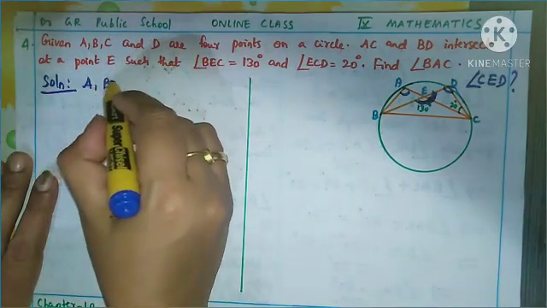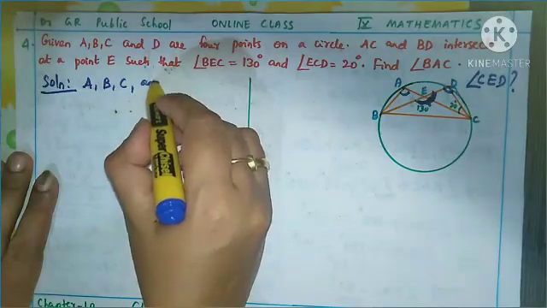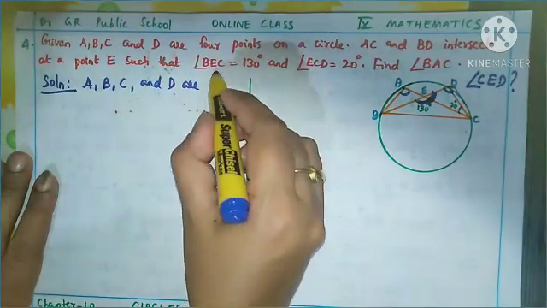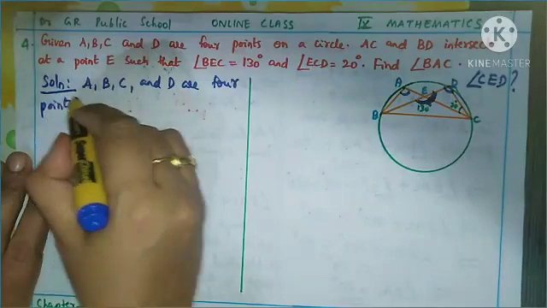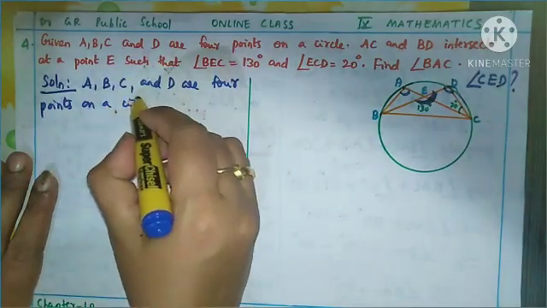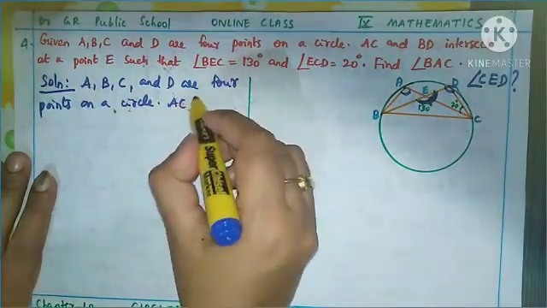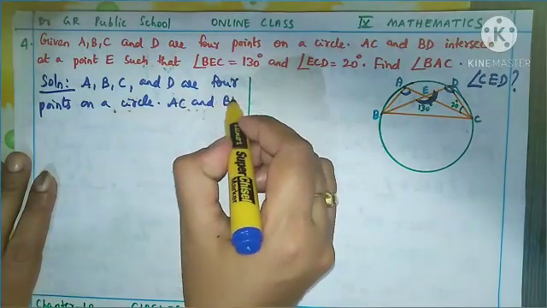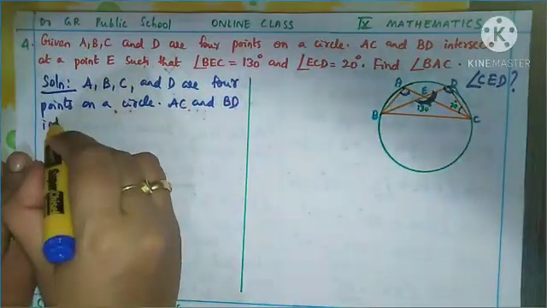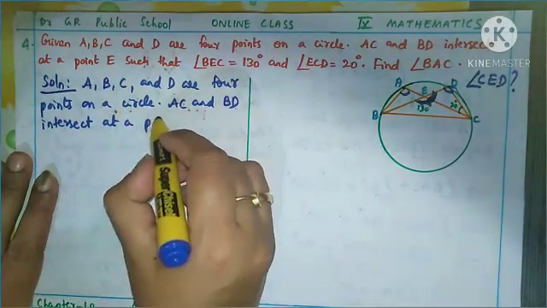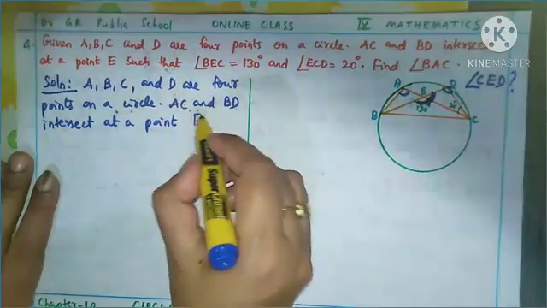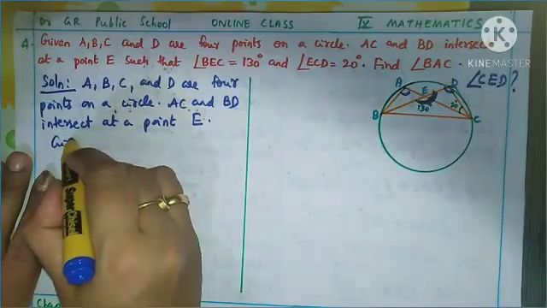A, B, C and D are 4 points on a circle. AC and BD intersect at a point E. And what else is given?